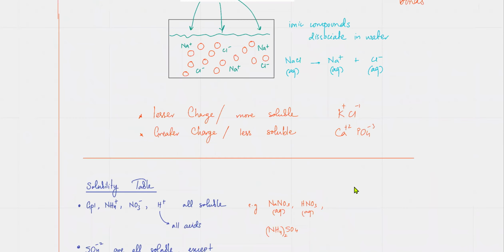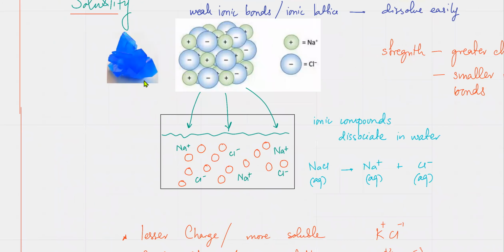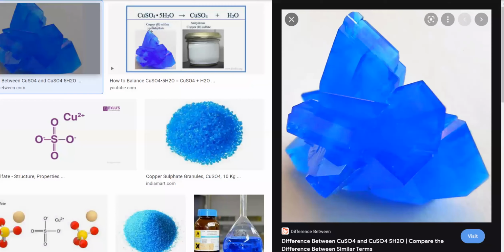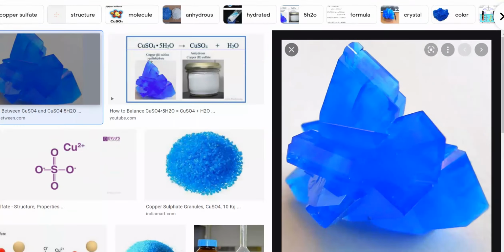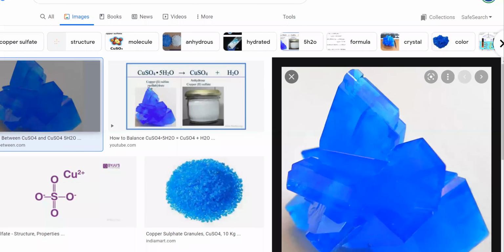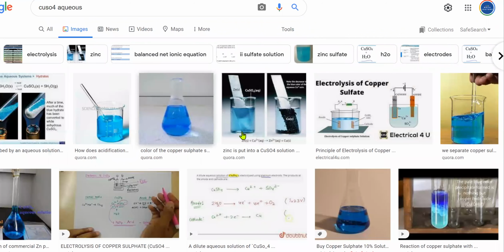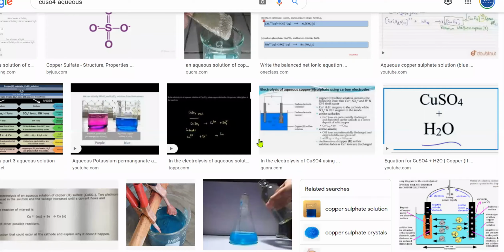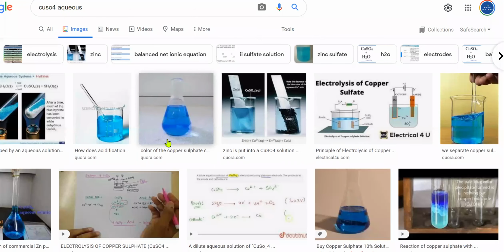मैं खाली वो शो कर रहा था कि मिलेगा क्या. So that's your copper sulfate crystal you can see over here. So this arrangement, this would in reality look like this. That's a crystal. And copper sulfate का जो aqueous solution होगा, जब वो पानी में मिक्स होगा तो it would look like this one.